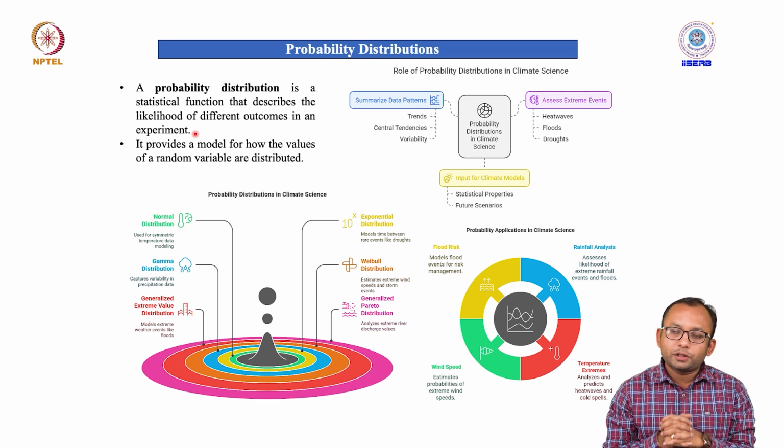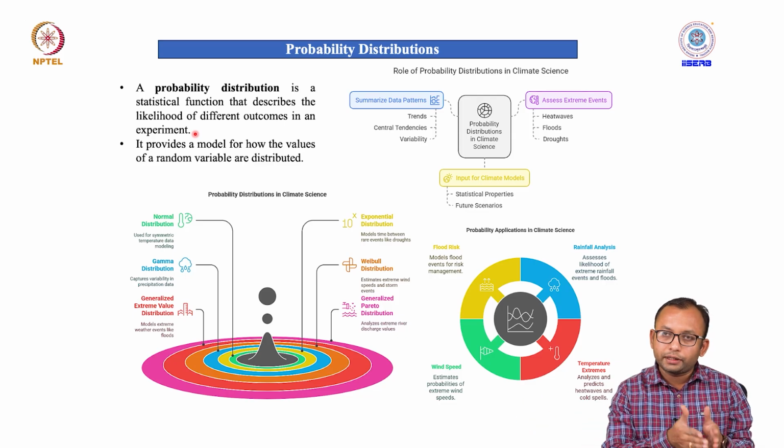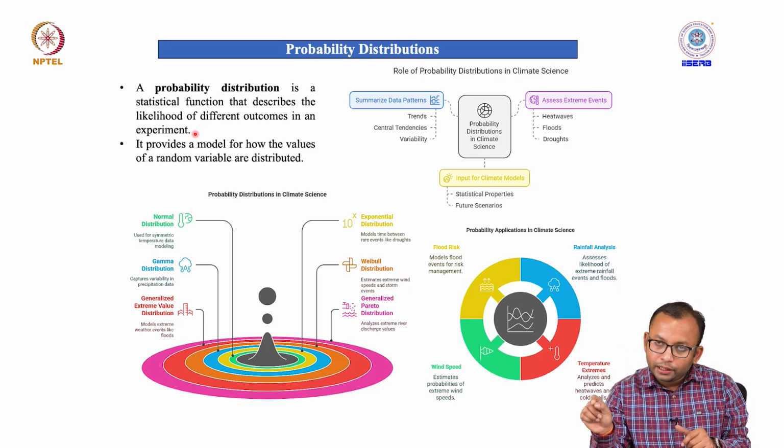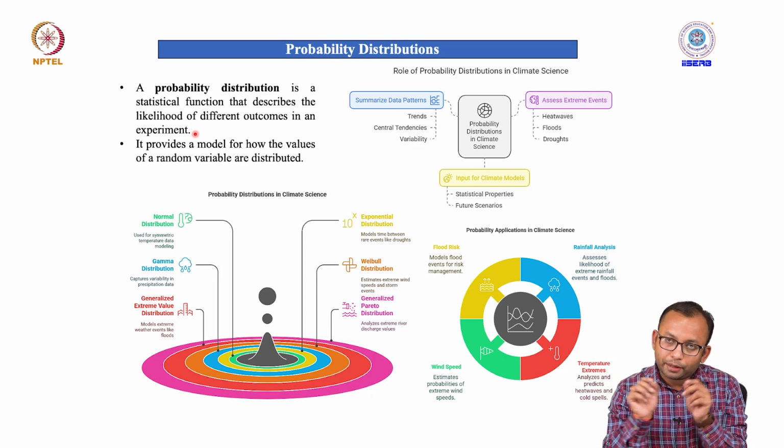So, a probability distribution function is a mathematical representation of values and their likelihoods, or probability densities, which is very similar to what you get if you plot a histogram. When you plot a histogram, you divide the data into different bins, and then you calculate, in that particular bin, let us say between 10 and 20, how many times the numbers are falling in that range.